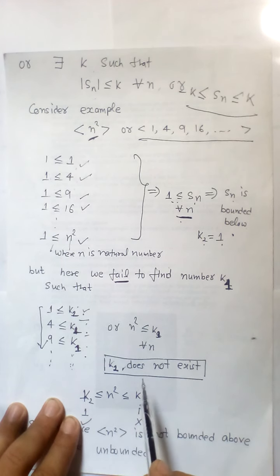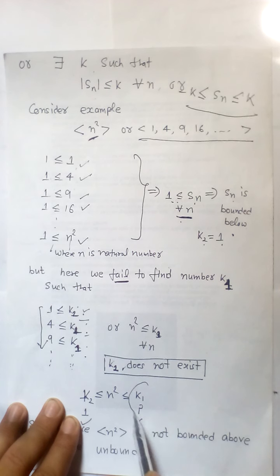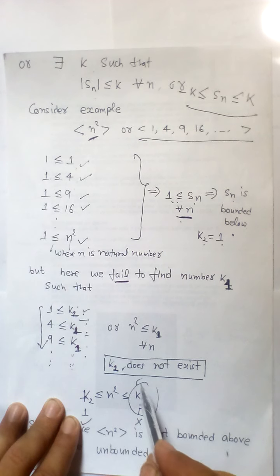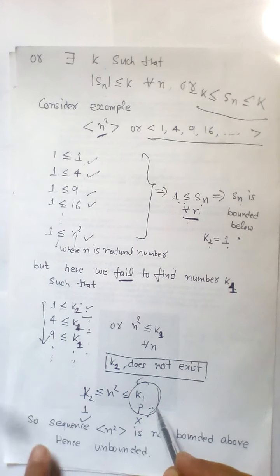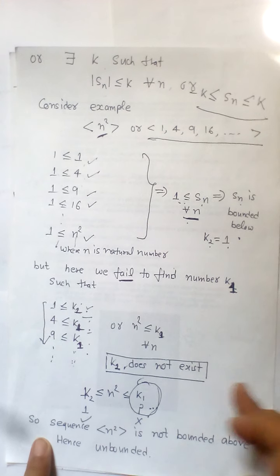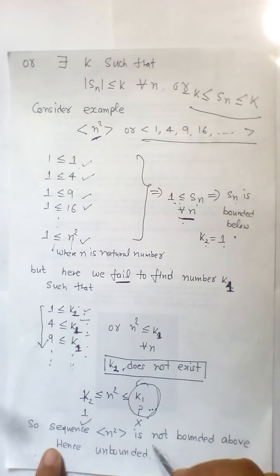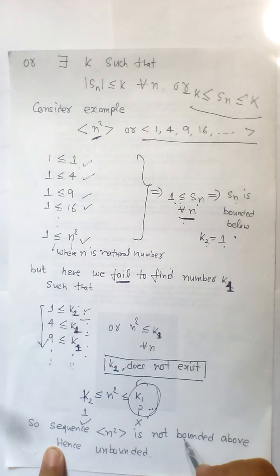So here we fail to get this number. So we can say that this sequence is not bounded above, or in other words we can say that it is unbounded.